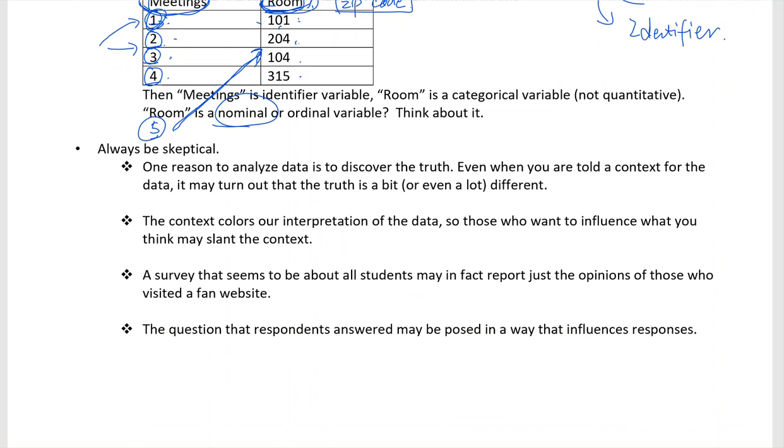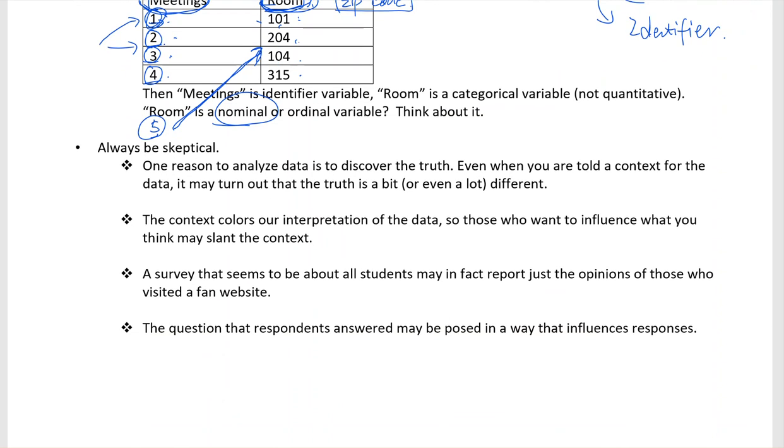All right. So the last thing you need to be careful about is to always be skeptical. What does that mean? First, one reason to analyze data is to discover the truth. We want to discover the true yearly income of United States citizens, right?